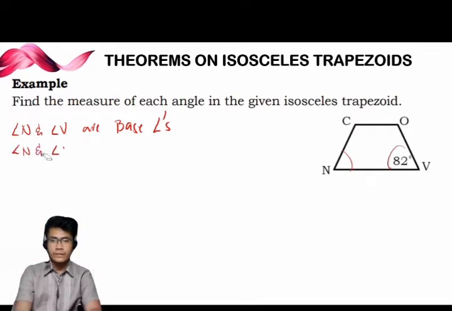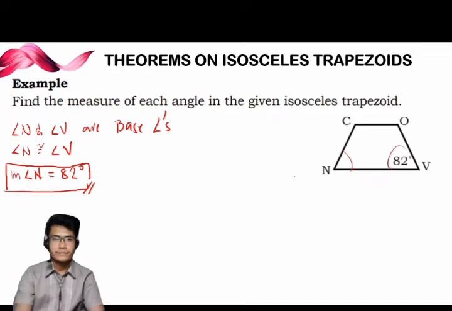Right? They're congruent to each other. So, angle N is congruent to angle B. Now, if the measure of angle B is 82 degrees, therefore, the measure of angle N is 82 degrees as well. Alright? So, we're done with angle N. Now, next. The second theorem mentioned in the isosceles trapezoid, the opposite angles are what?